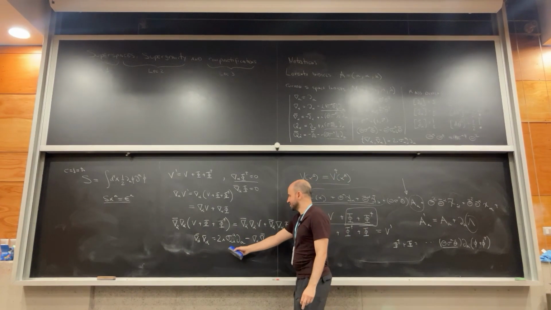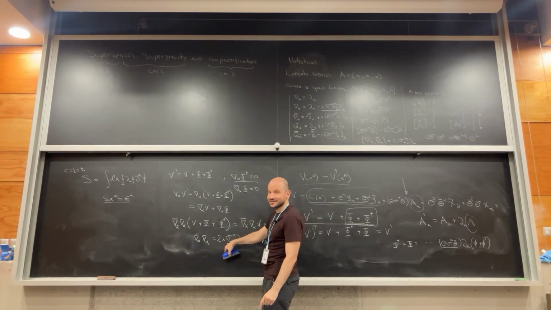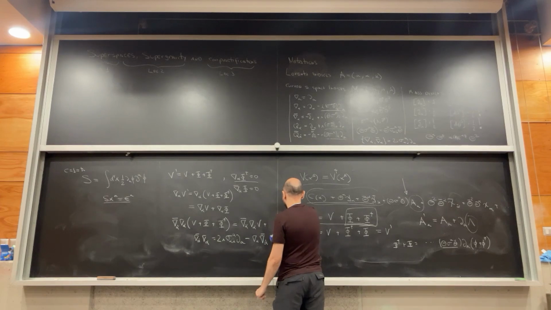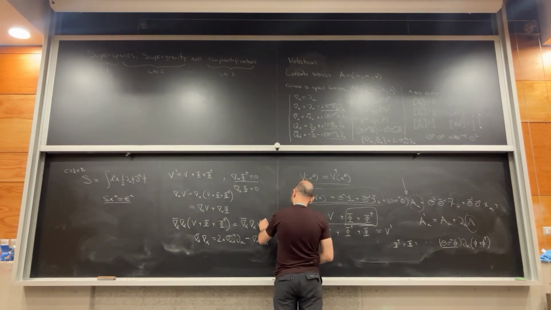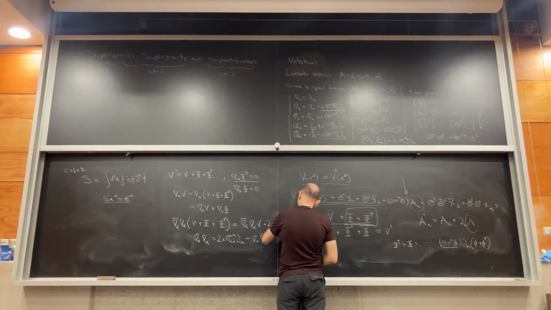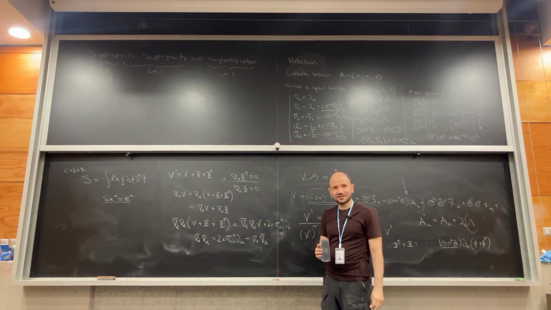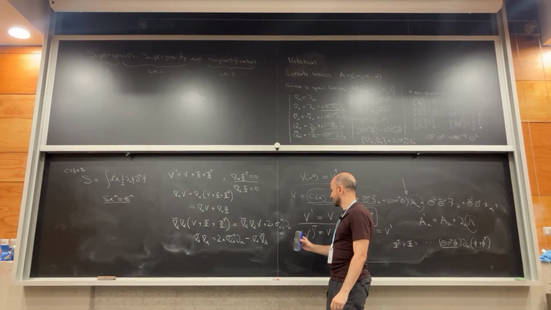Now I use this identity, so I move the nabla bar over here, but I have to bring this term over here. It seems that it does not help, but it does. You can add the action of the torsion over P to the action, and that's what cancels this term.